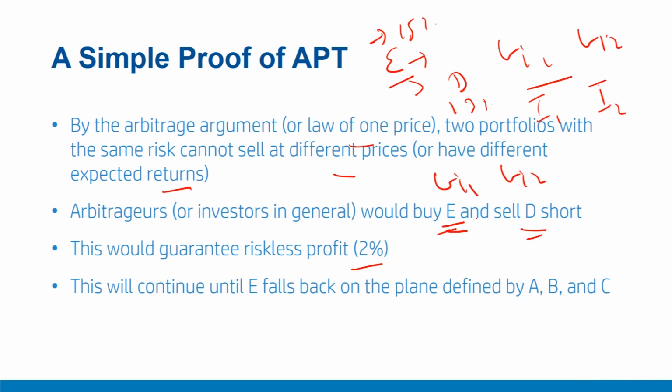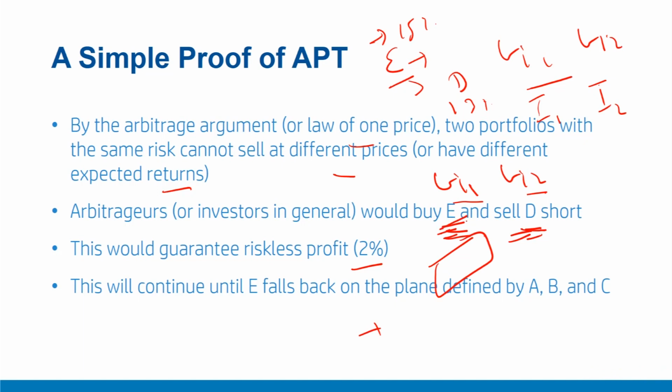So when they go long in E and short in D, they essentially eliminate the risk that is coming from bi1 and bi2. And therefore, as more and more people buy E, its expected return will fall, its price will rise, and the price or expected return related to portfolio D will change. For example, relative to D, the expected return of E will fall, and D's price will rise until both of them reach the equilibrium plane.